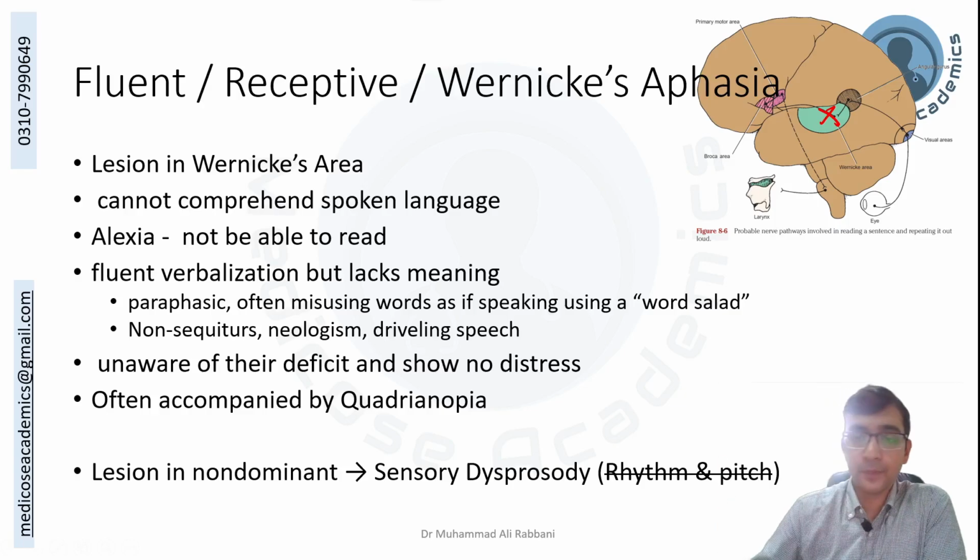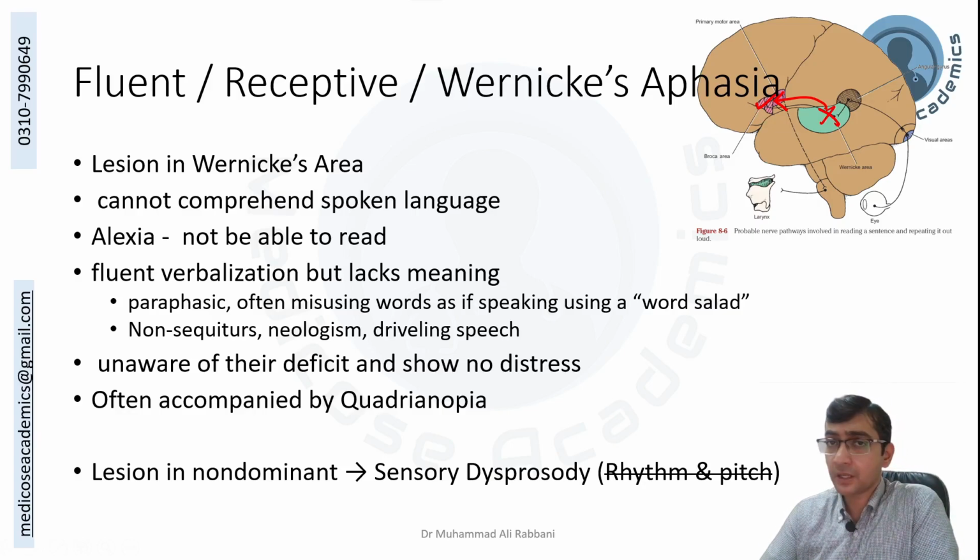It's all jumbled up. There may be neologisms, which are new words, and jargon speech. So all of this messed up message is sent to the Broca's area, which is working fine, so it just runs that nonsense language message.